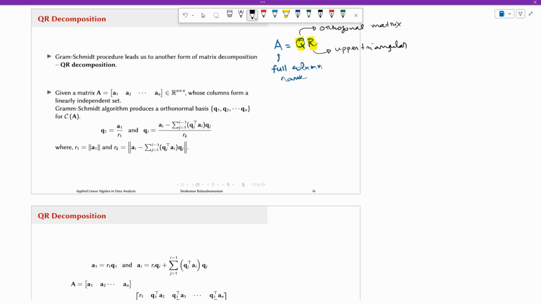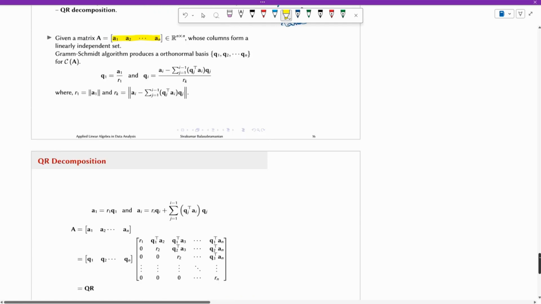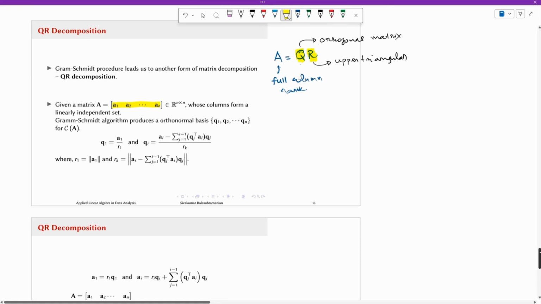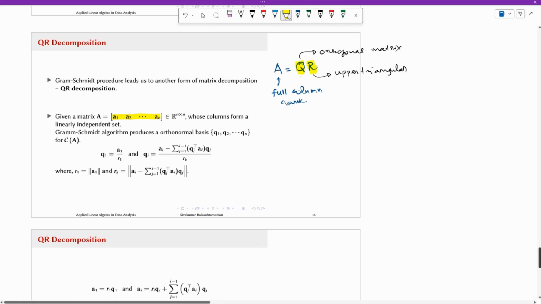Okay. Now, let's say you start with a basis for some subspace. In fact, if you are talking about the vector space Rn, let's say I choose a basis for Rn, a1, a2, an.